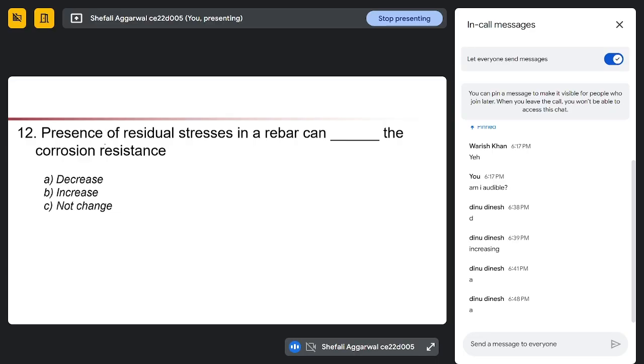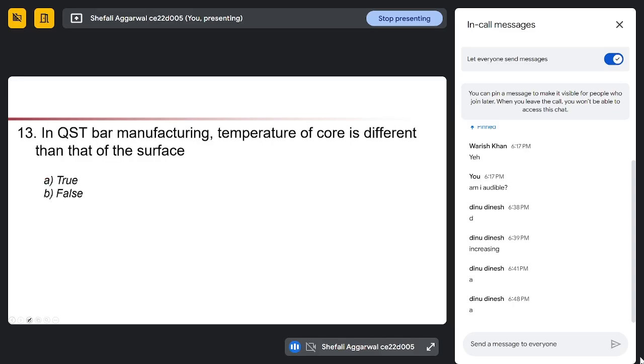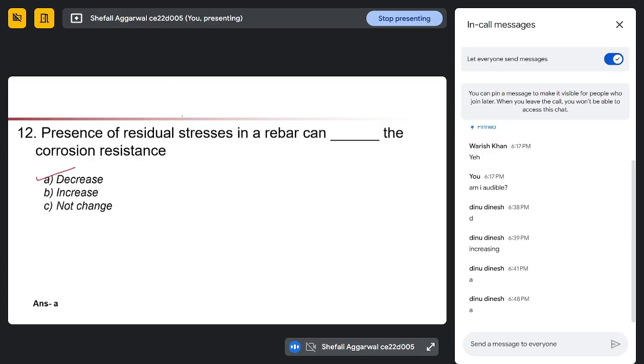The corrosion resistance of our rebar will decrease. Why? Because wherever stress is present, that area will have a different type of environment as compared to the other area. So a galvanic cell forms, and the stresses create a more vulnerable area for corrosion to take place.